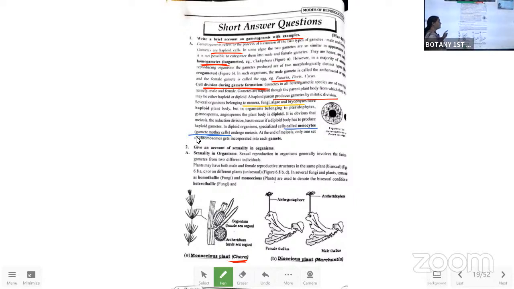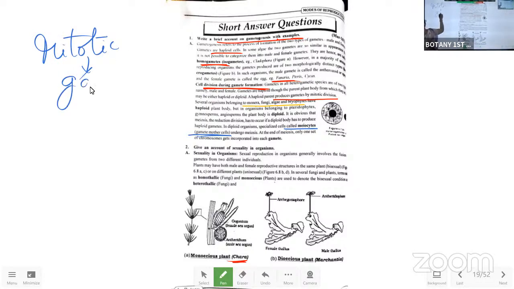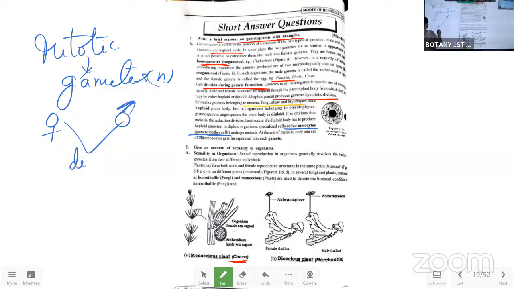So in the diploid organisms, the mother cell will undergo meiosis to form the haploid gametes. When the plant body is haploid, then they will undergo the mitotic division to form the haploid gametes. Then these haploid gametes, male and female, will fuse to form the diploid zygote.